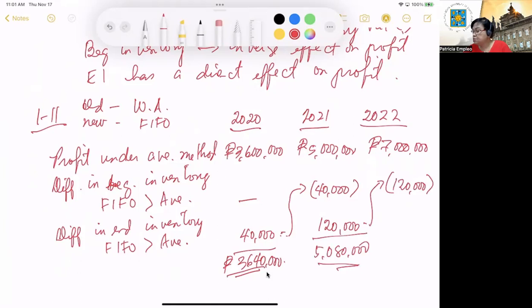So that you have 650,000 difference. So the higher is the ending inventory, the higher is the profit. Therefore, that is 7 million minus 120 plus 650. And that is 7,530,000.